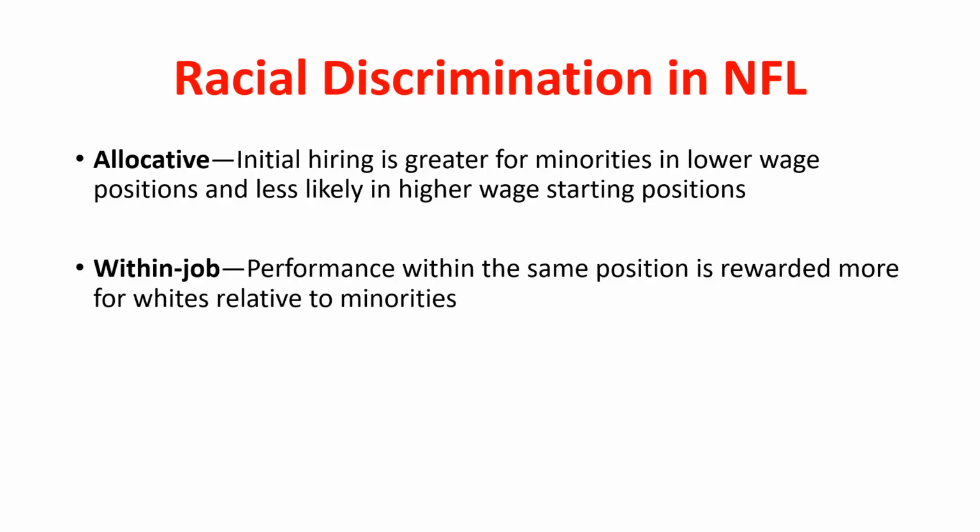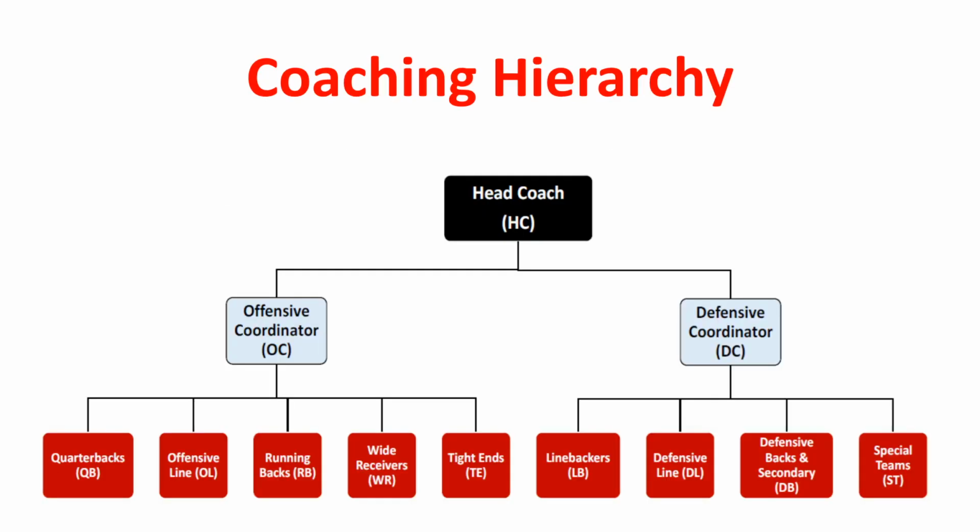So within job discrimination would be that if we looked within the same position, performance was rewarded more for white coaches relative to minorities. This is the type of discrimination people typically think of, right? We're doing the same job, but I'm getting paid less than you. Right? So we think about this breakdown, right?